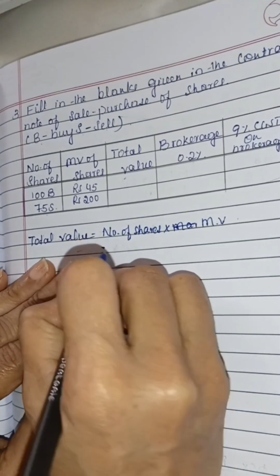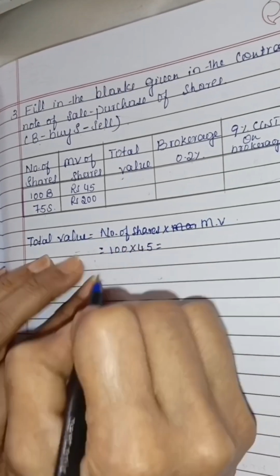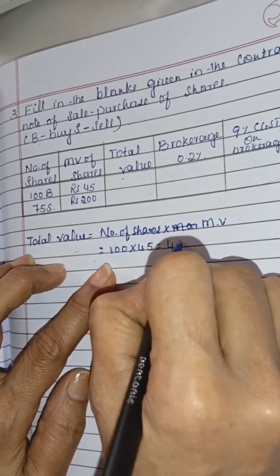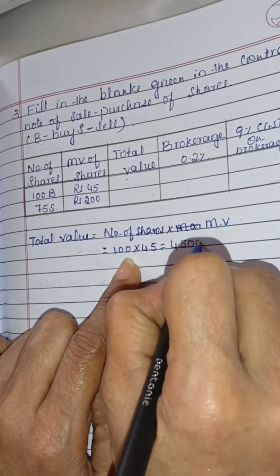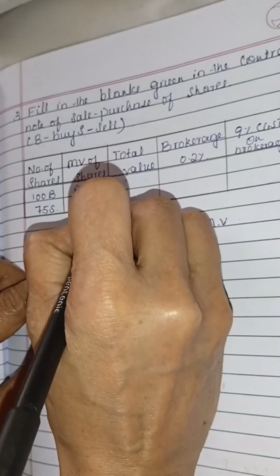So number of shares is 100 multiplied by 45. This is 4,500 rupees. The total value is 4,500 rupees.